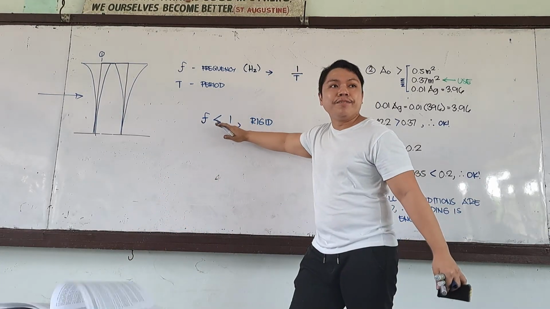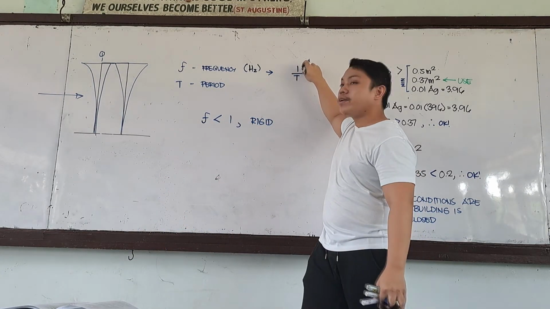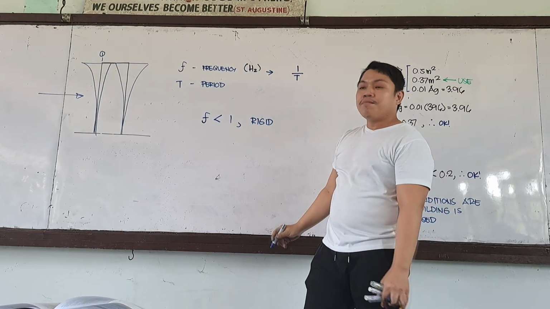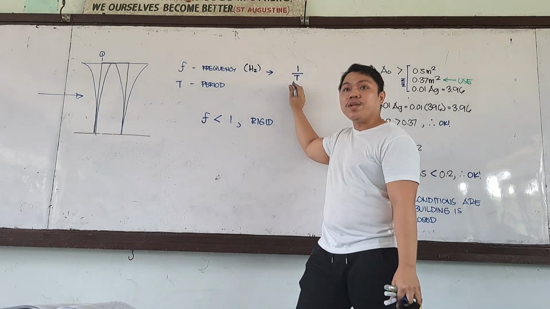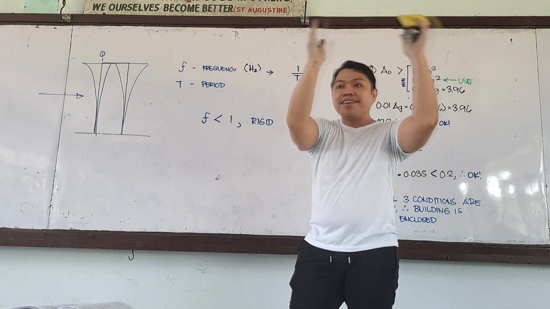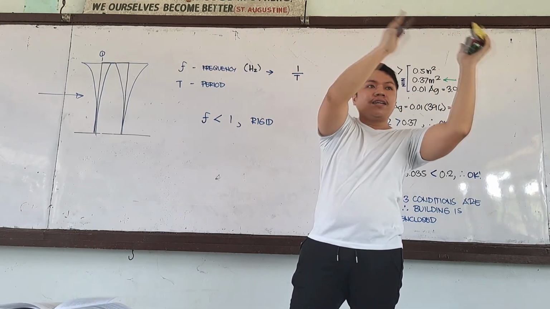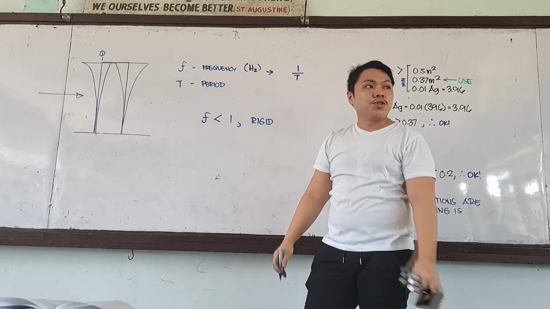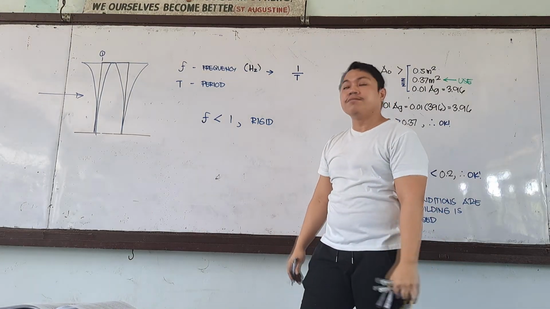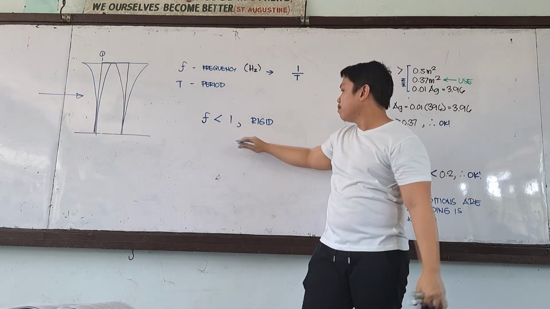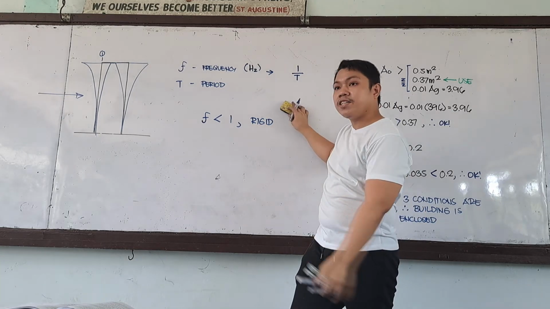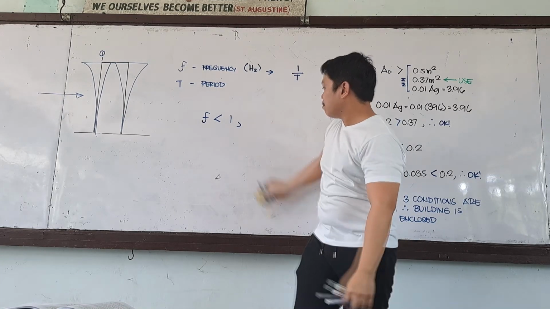If the frequency is less than 1, how does it become less than 1? From our equation, 1 over T. If T is large, meaning it takes a long time to sway. So it will take a longer time to sway back to its original position, more than 1 second. That's why if less than 1, is it rigid or more than? Flexible.